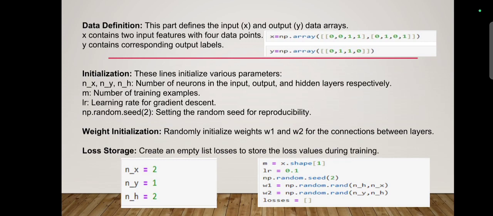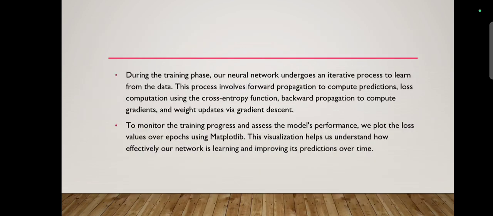The data is stored in various parameters like input and output, M for the number of training examples, LR for the learning rate, and np.random.seed for setting the random seed for reproducibility. First, we initialize the weights randomly, and for loss storage, we create an empty list, losses, to store the loss values during training.